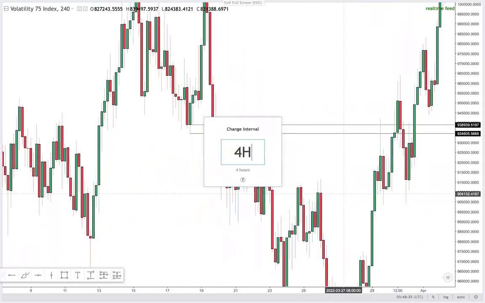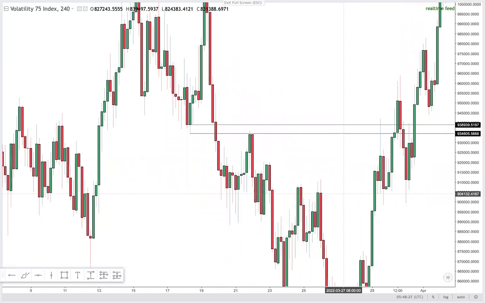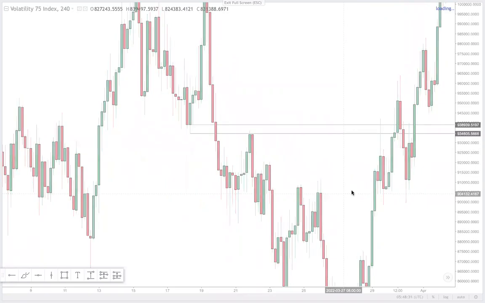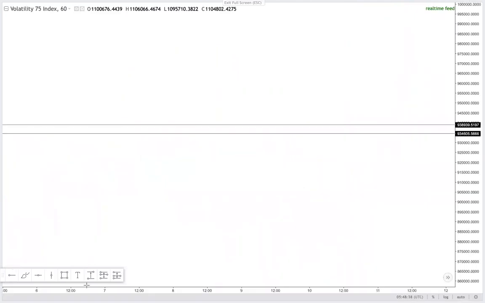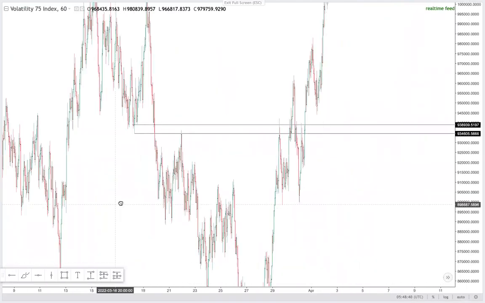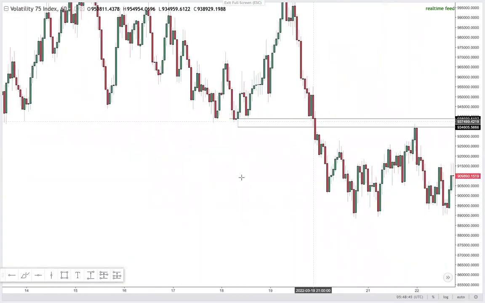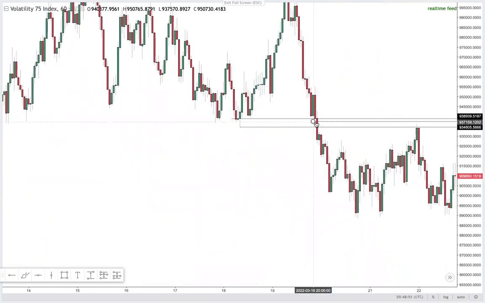So we'll drop to the 4-hour time frame. We'll drop to the 1-hour time frame since we were in the 4-hour time frame. Dropping this time frame, we can see that our first entry was right here in this break and retest structure, and we'll drop to lower time frames.